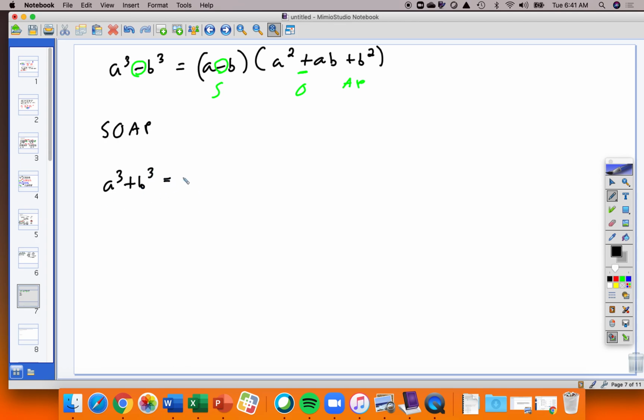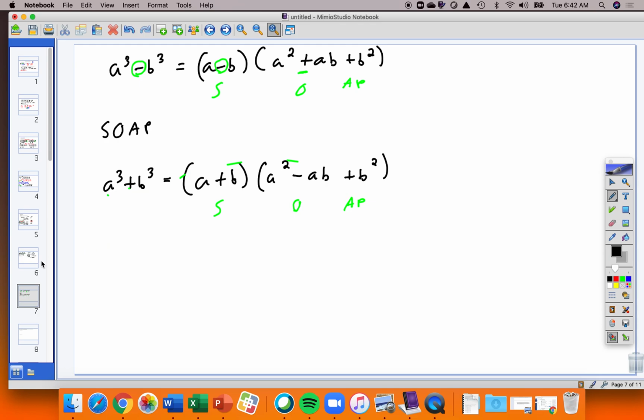When you're factoring a sum of perfect cubes, you have the same values, but the signs will change. They follow the same rule: same, opposite, always positive. This is the difference of perfect cubes and the sum of perfect cubes.